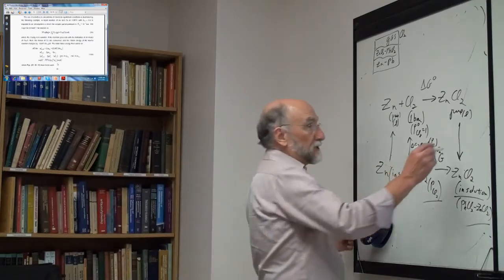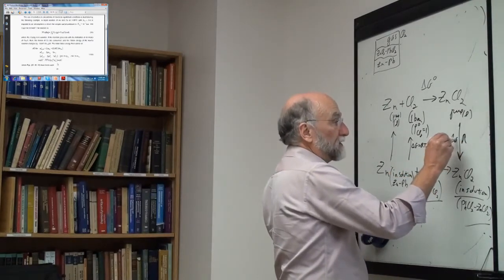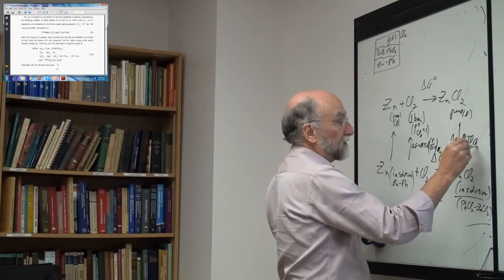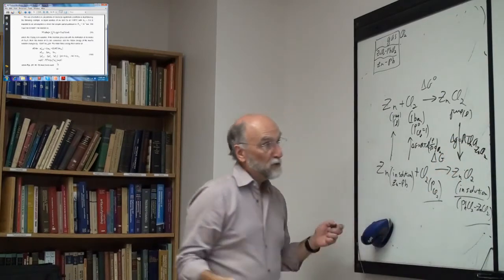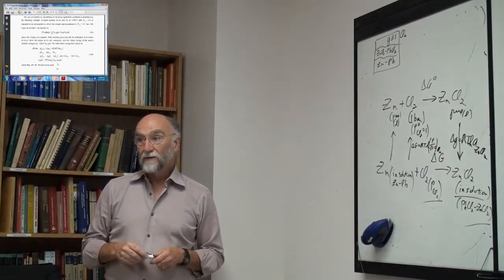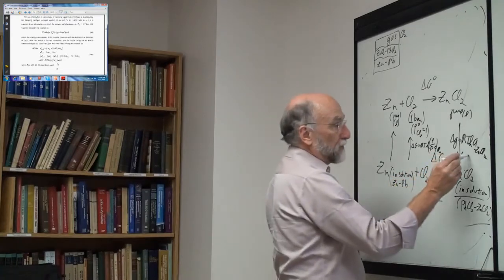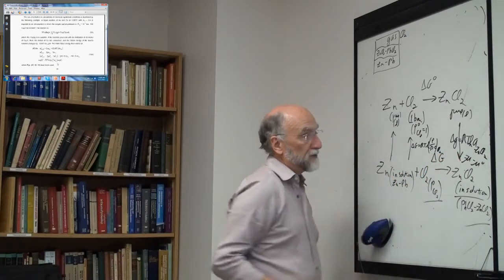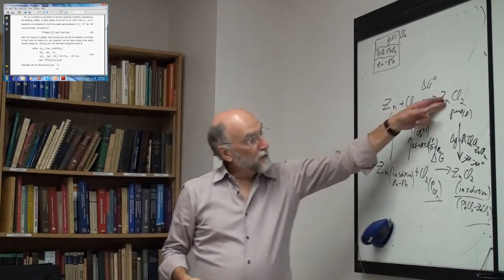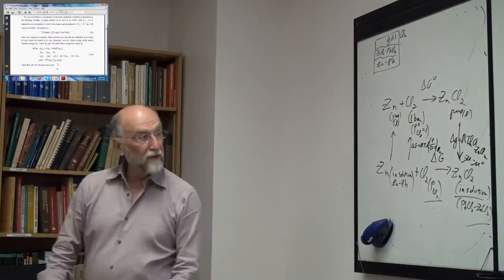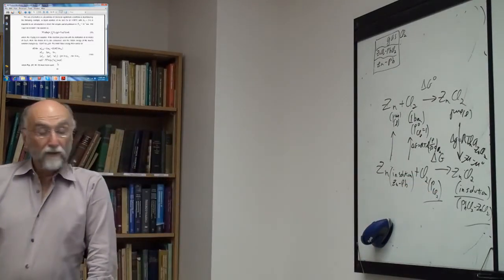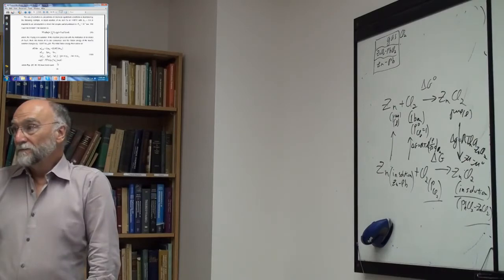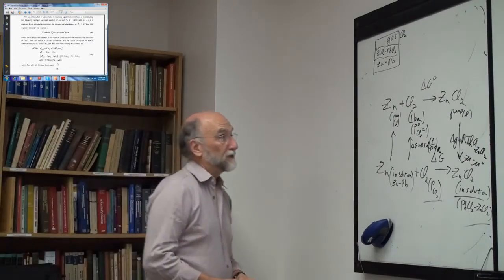And the Gibbs energy change for that is RT log activity of zinc chloride, mu minus mu naught by definition. So taking the pure liquid and putting it into solution, the delta G is RT log activity of zinc chloride in the solution. Definition.